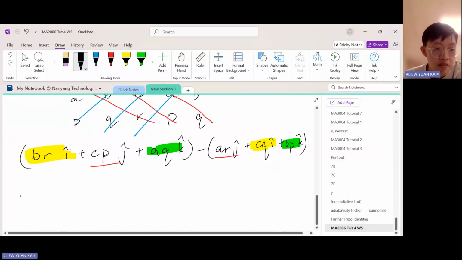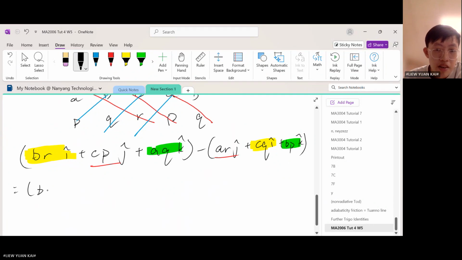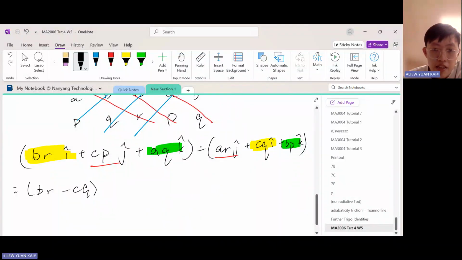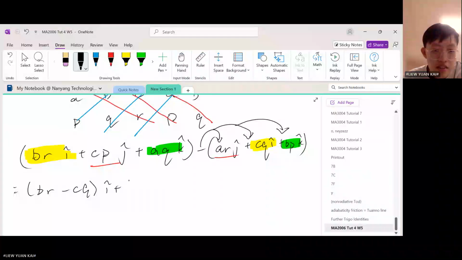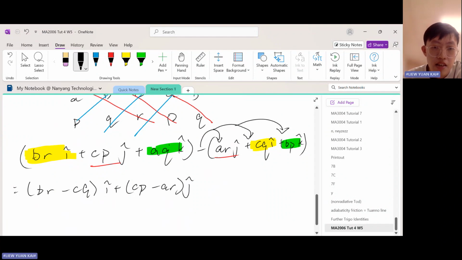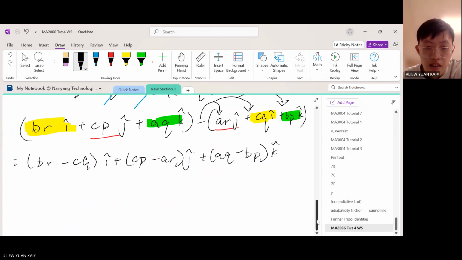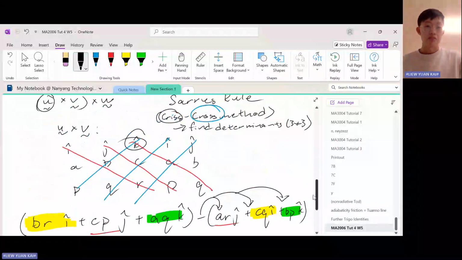Namely, we get BR minus CQ, and don't forget to expand the negative sign to each term, i, plus, for the j terms, CP minus AR j, and for the k terms, AQ minus BP k. So this is our cross product.